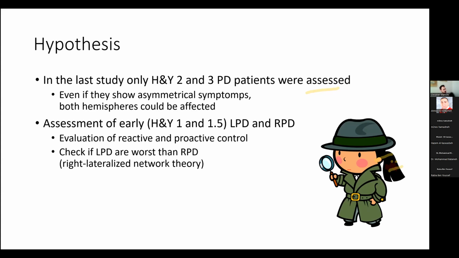I mean, if they are in the early stage, we can effectively evaluate the reactive and proactive control and check if the left or the right Parkinson's patients have some kind of difference. So we can again check if the right lateralized network is involved or a more dispersed network is involved.